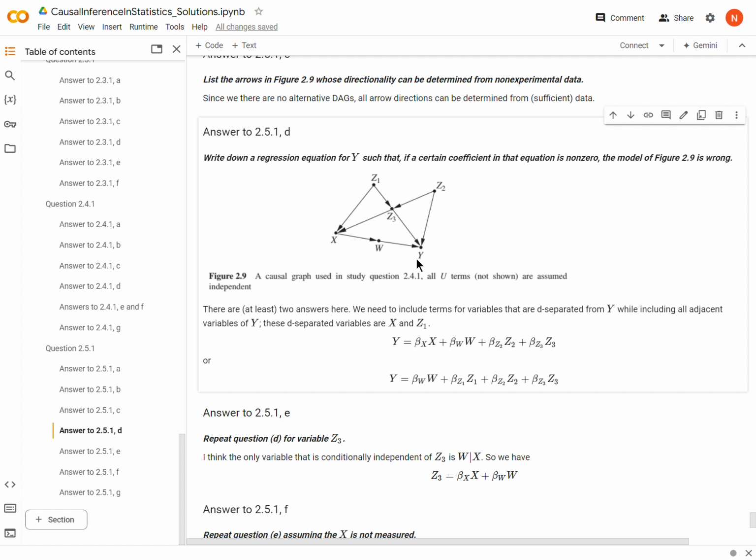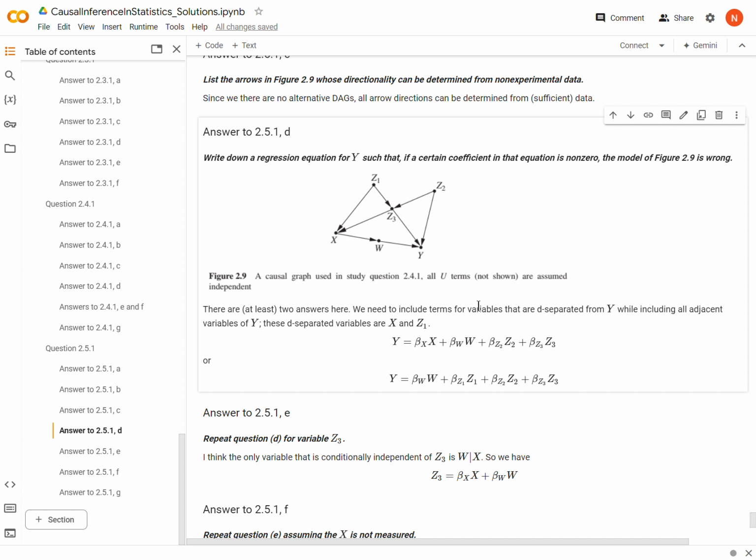Okay, and one of the ways that we could do that is to look for conditional independencies, and then look to see if that conditional independency holds up under regression. Okay, so for example, if I'm looking at y here, according to the DAG, y should be independent of x, assuming that I condition on w and I think z3 here.